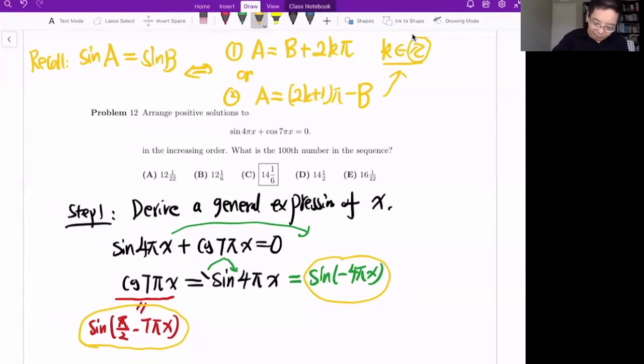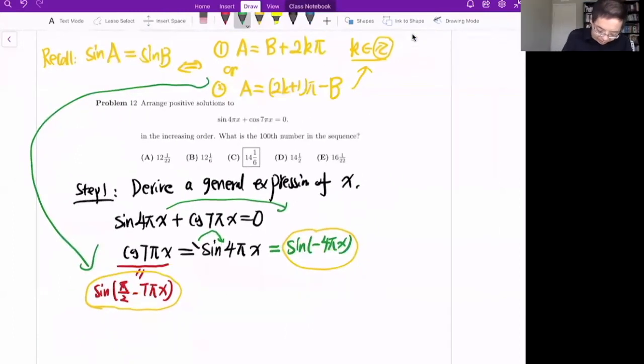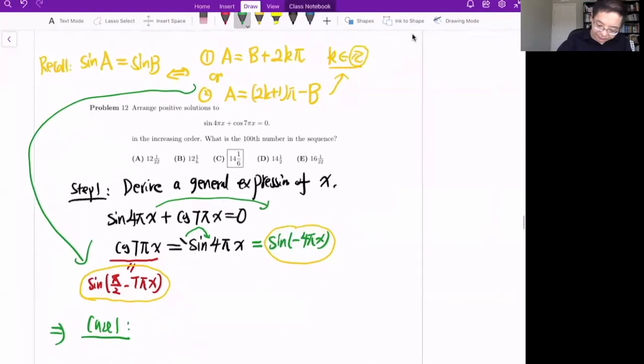Now, if we apply this to the equation here, we have two cases. So case one, we have 2k pi plus pi over 2 minus 7 pi x equals negative 4 pi x.